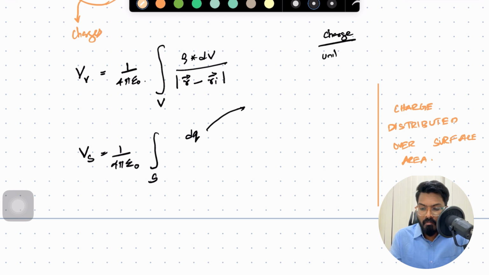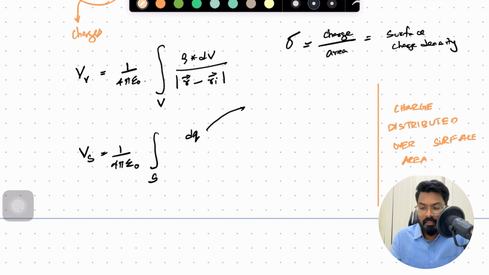Charge by area will give me surface charge density. Earlier we saw volume charge density because we used volume. Now I'm going for surface charge density because I'm looking at only the surface area.